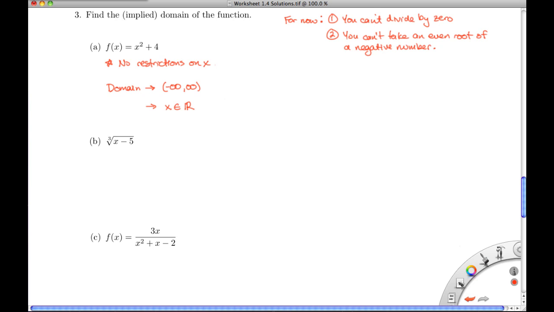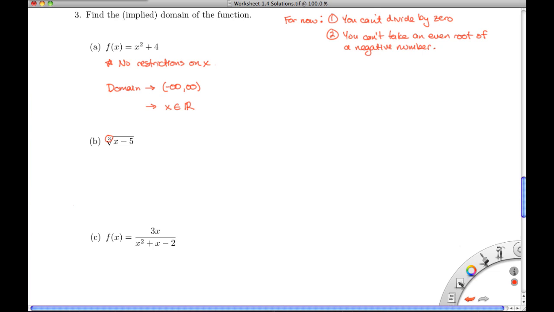For part B, our function is the cube root of x minus 5. Now again, this is an odd root, and in the real number system, we can take an odd root of a negative number, so it really doesn't matter what we put in here. It could be positive, it could be negative, it could be 0. Taking the cube root of it is not going to be an issue.